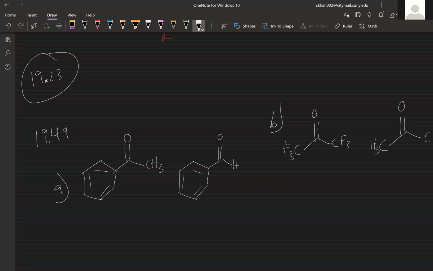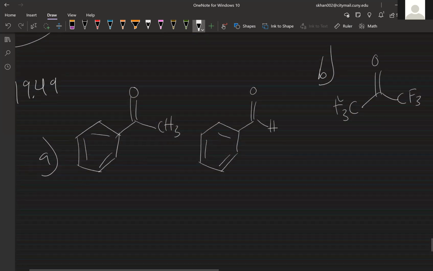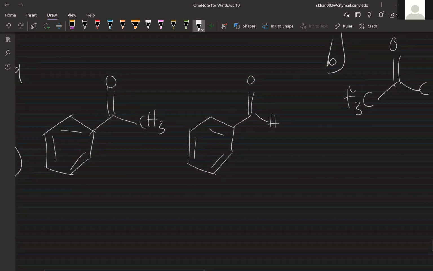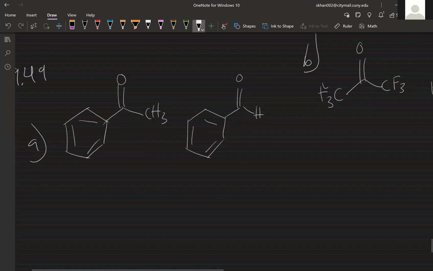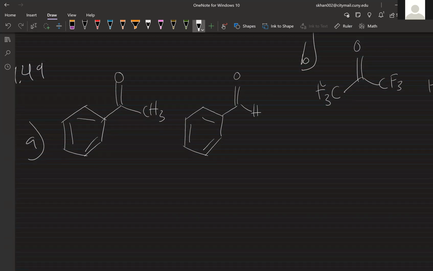So that's one: more partial positive charge, you could think of it that way. There are two ways you could take it, basically electronic and steric considerations, so we'll draw both of those out. Here you have CH3, so this carbon is full of electron density.